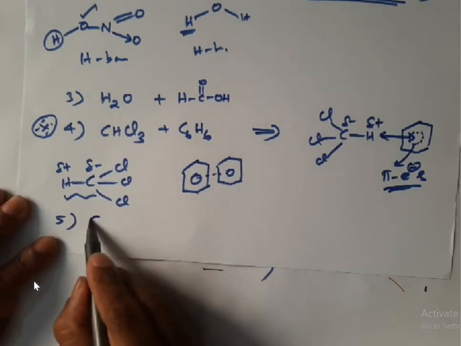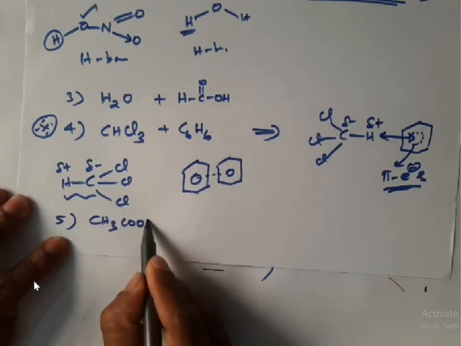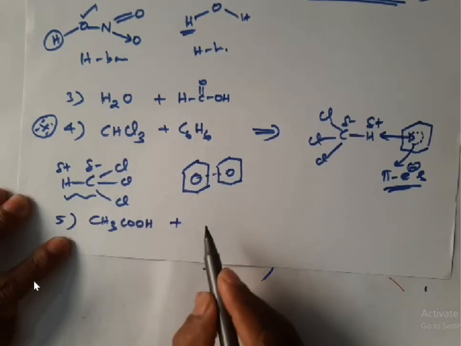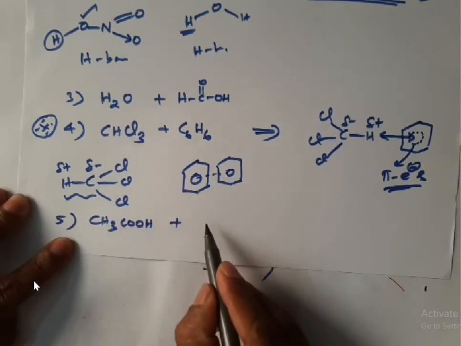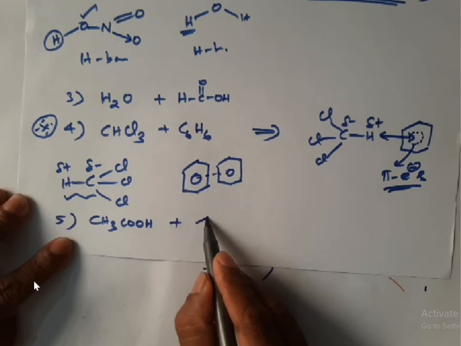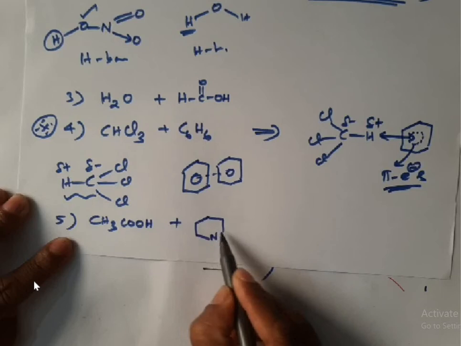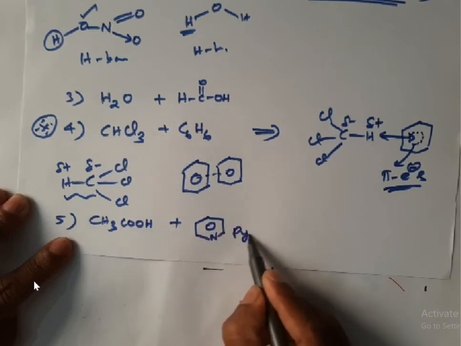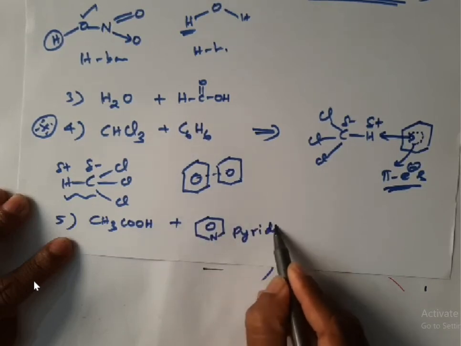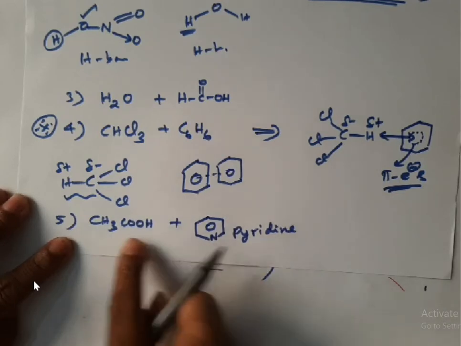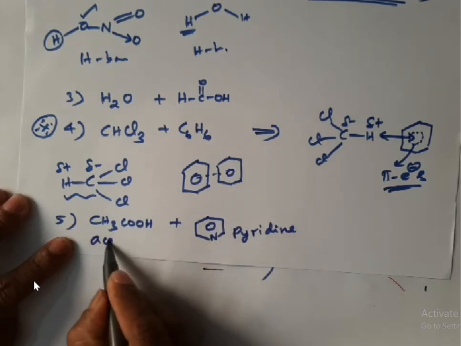We have acetic acid plus pyridine. This is acetic acid and pyridine. This is the formula for pyridine. Let me write it like this. This compound is called pyridine. If you mix acetic acid and pyridine, this is acetic acid.